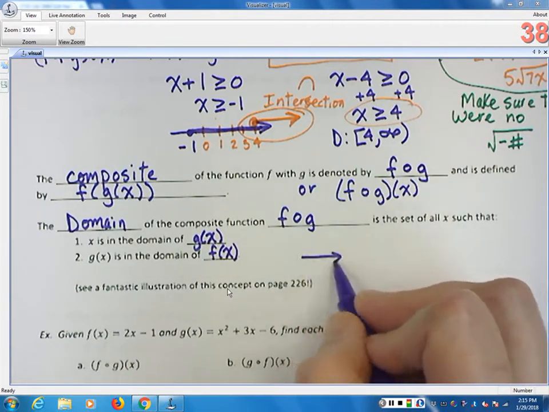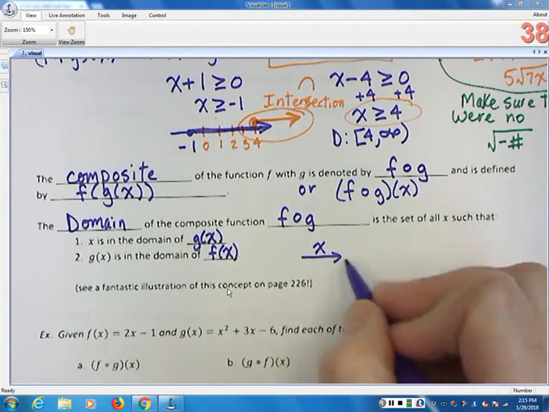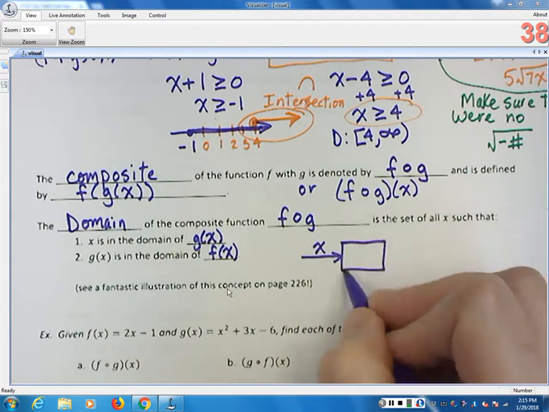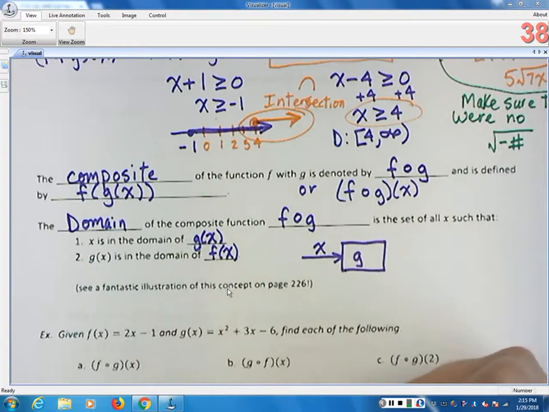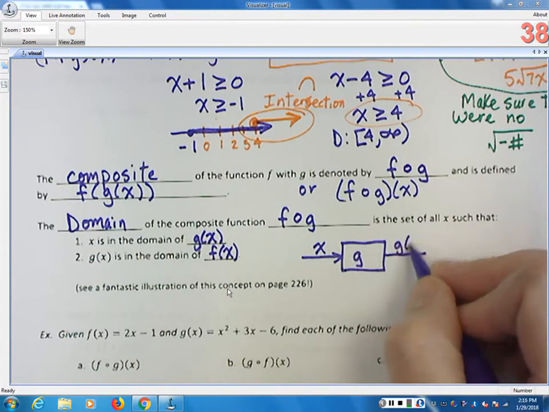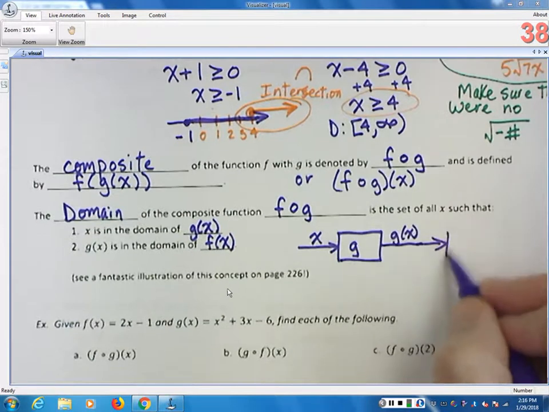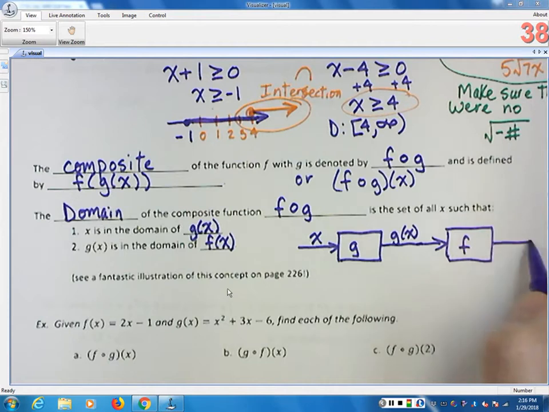So we got x going into g. I'll just put g. And then we got g of x coming out, and that's going into f. And then we have f of g of x coming out.